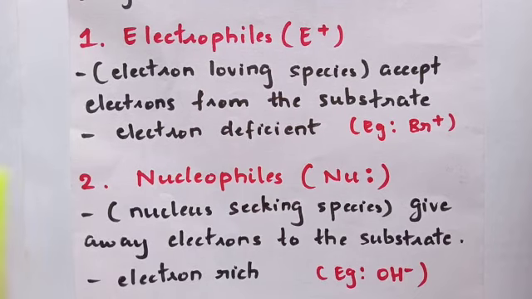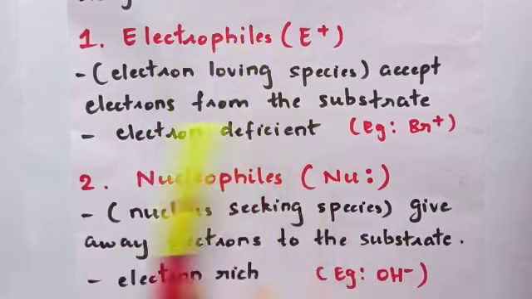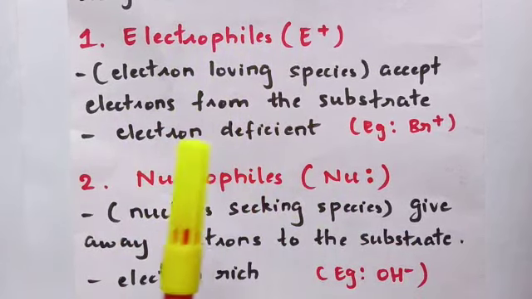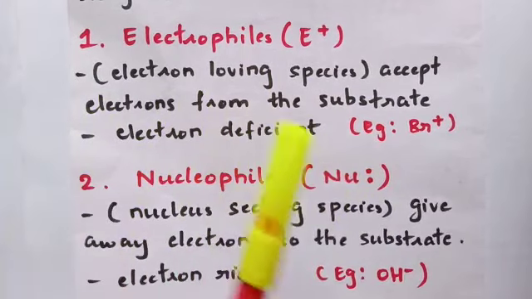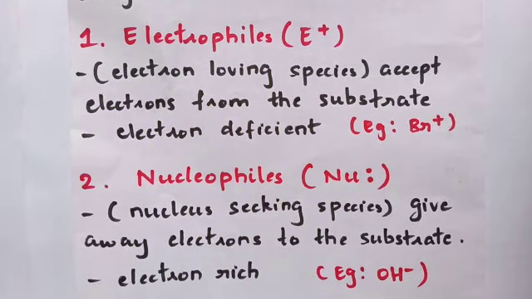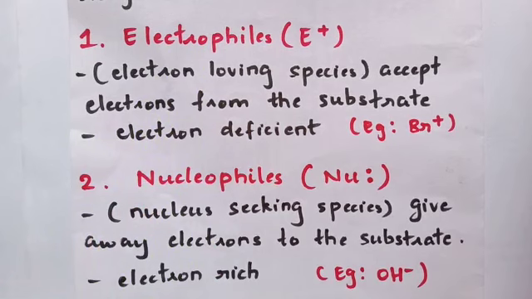As we discussed, reagents bring about changes in the substrate, and bond breaking and bond forming obviously involve electrons. Whether your reagent will donate electrons to the substrate or accept electrons from the substrate, based on that it is classified as electrophile or nucleophile.